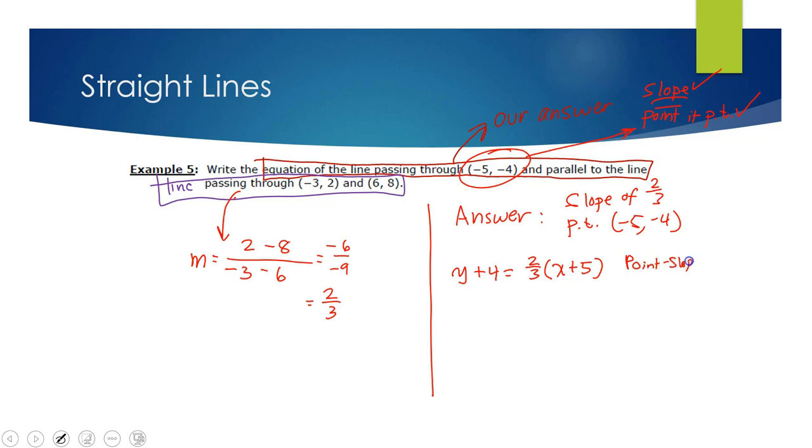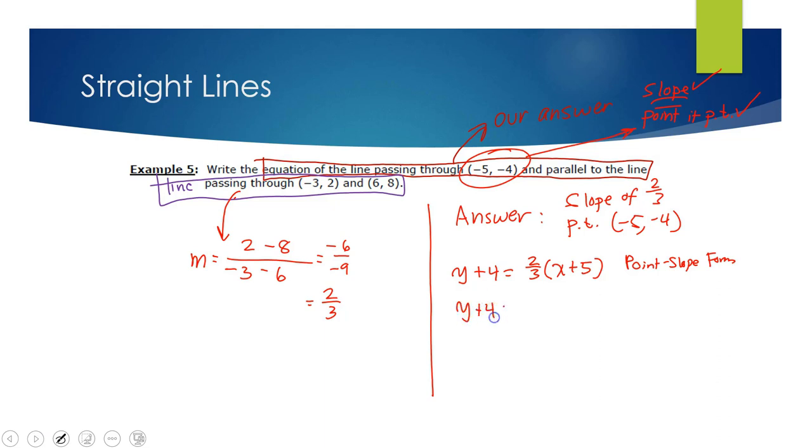I'd be done. If it said I had to put it in slope-intercept form, which sometimes you'll see problems that'll ask you to do that, then I have to go a step further. But I could actually give that as an answer and it'd be sufficient.